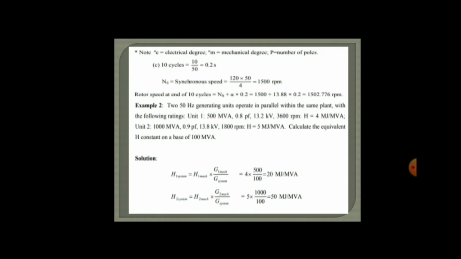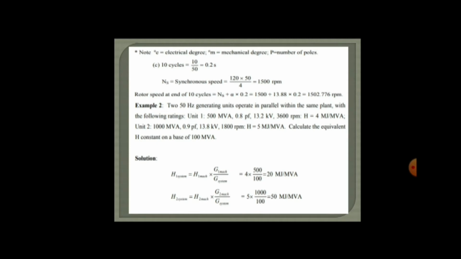Now the C bit, for 10 cycles. For 10 cycles, with frequency 50 Hz, you get 10 by 50, which is 0.2 seconds. The synchronous speed equals 120 F by P, so by 4 you will get 1500 RPM.